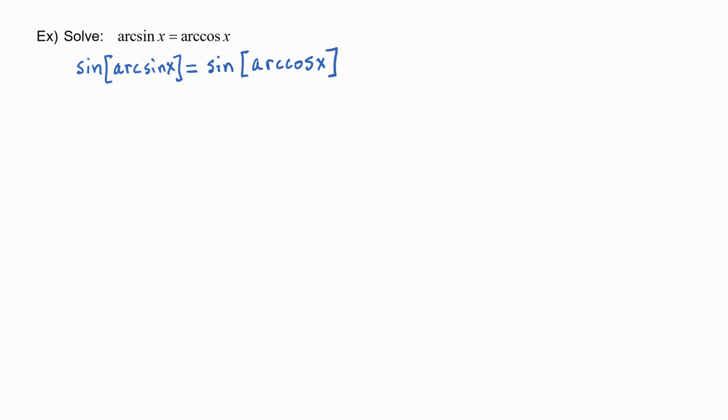Now what we will do here is the left-hand side simplifies to be x, and on the right-hand side we're going to do a substitution where we let theta equal the arc cosine of x, which of course translates into, if I take the cosine of both sides, we get cosine theta equals x, and we can draw a picture.